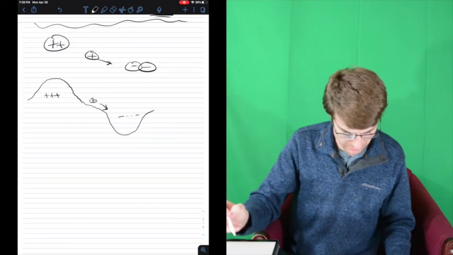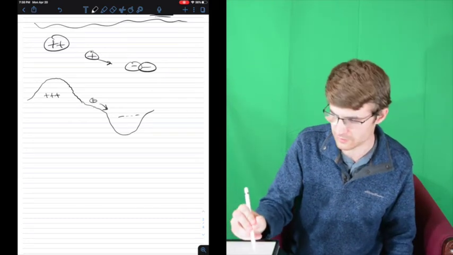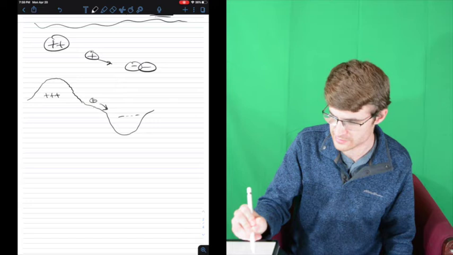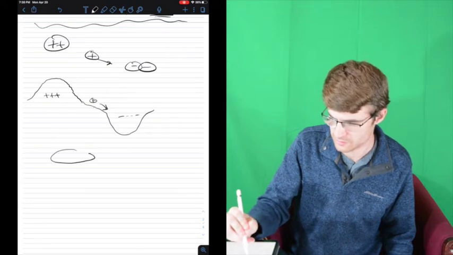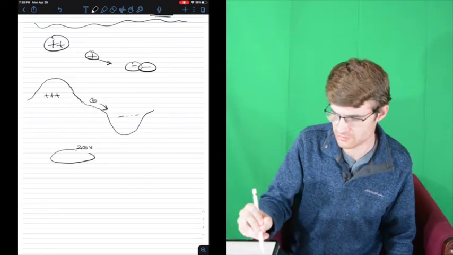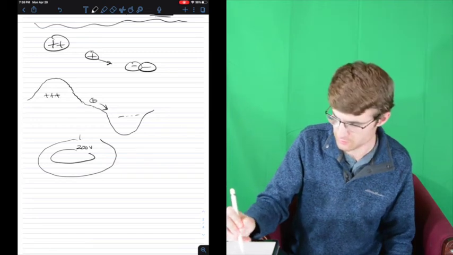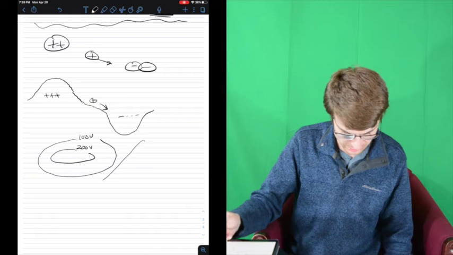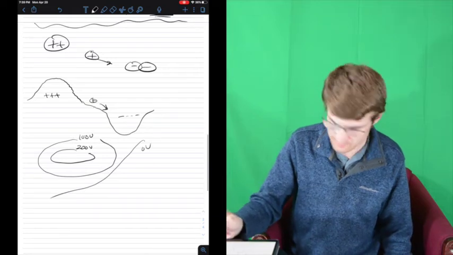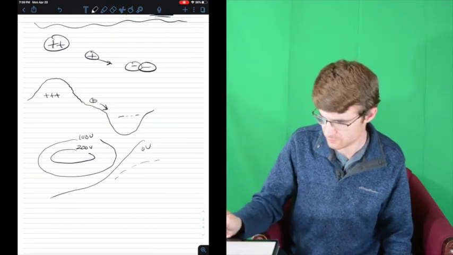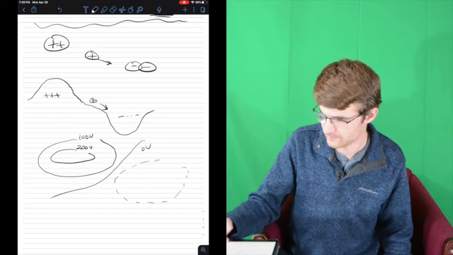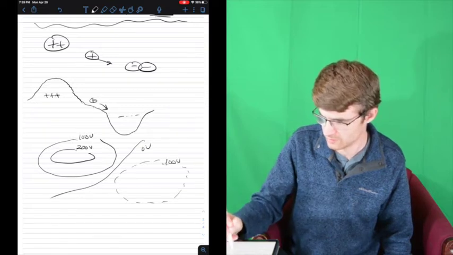So what we're going to do is I'm just going to draw a little example here. Let's say I have a 200 volt contour line. Remember, we always draw contour plots. We do voltages here. I'm going to say that's the 0 volt line, and I'm actually going to put a pit over here. This will be the negative 100 volt line.